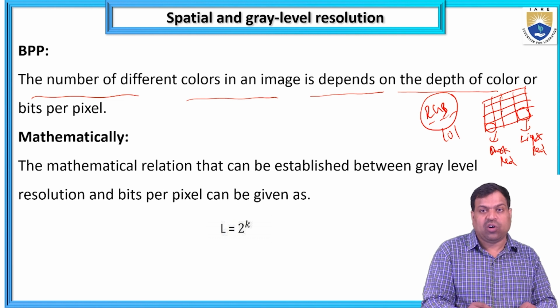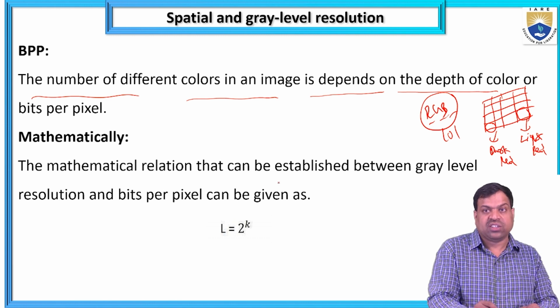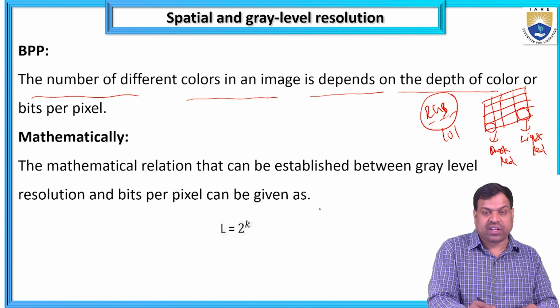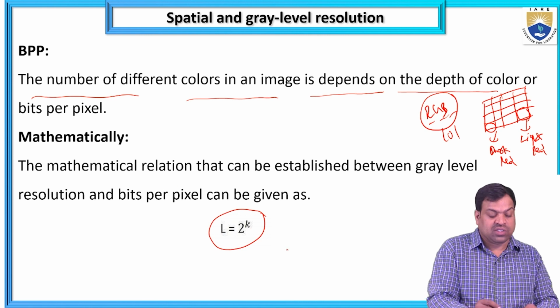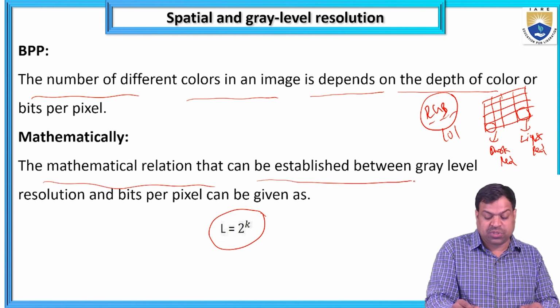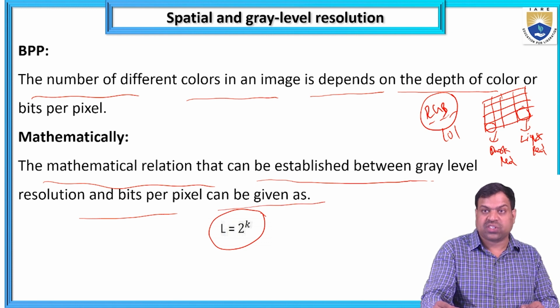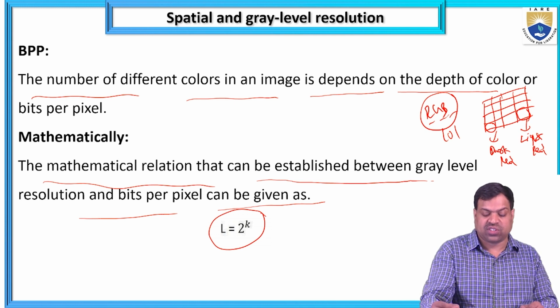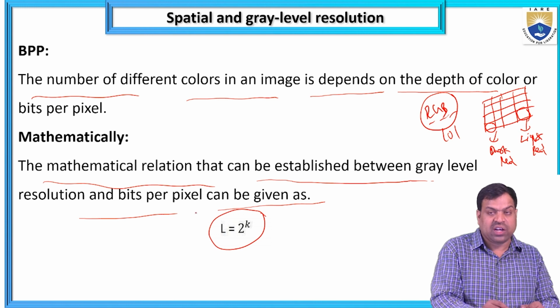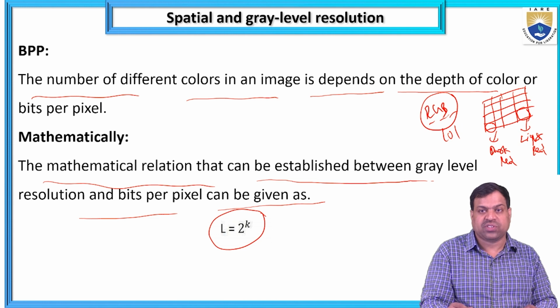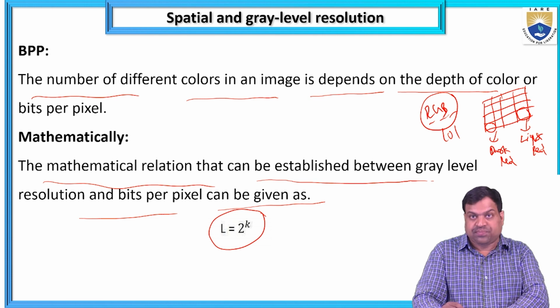Mathematically, the relation that can be established between gray level resolution and bits per pixel can be given as L equals 2 power k. In an image there are so many intensity values, so many gray levels. The relation between bits per pixel and the number of gray levels is L equals 2 power k.